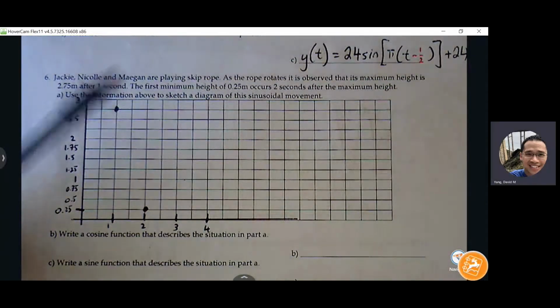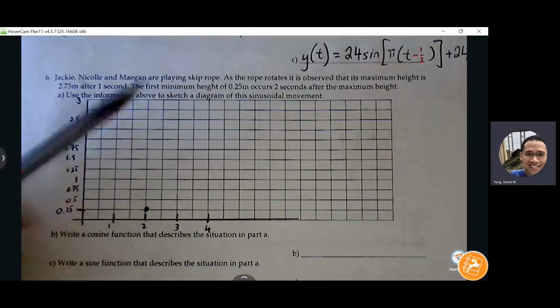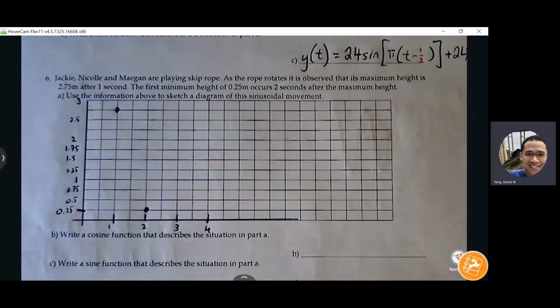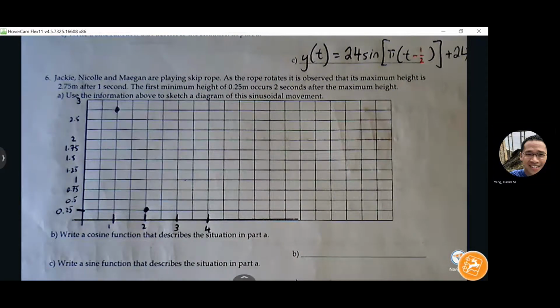Okay, what are 2.75 and 0.25? What do they represent? Max and min, right? So from that, we can find the midline, yep.